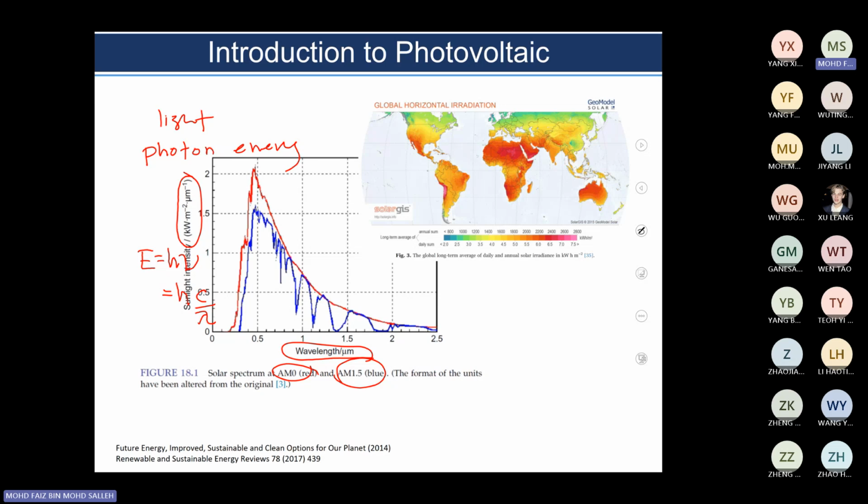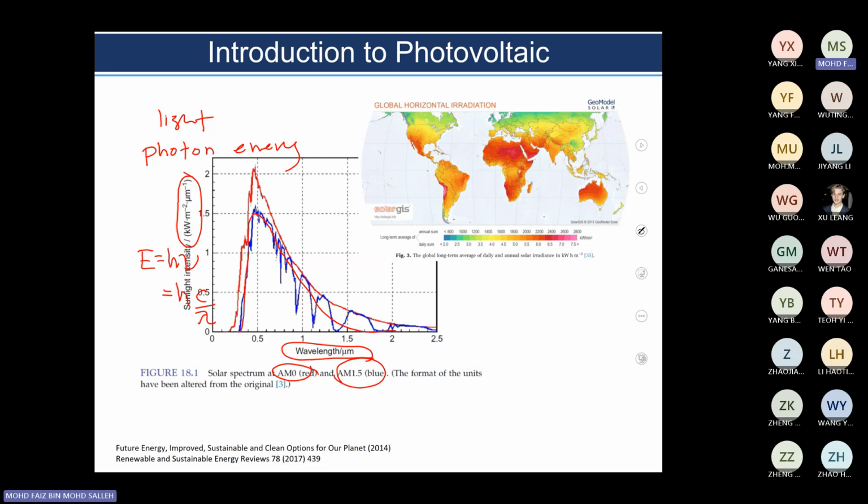And you can see here, the sunlight intensity has a peak at a certain wavelength. So if you have this kind of data, and I ask you to design and optimize a solar cell, I ask you to choose what kind of material you can propose to me based on that blue line.